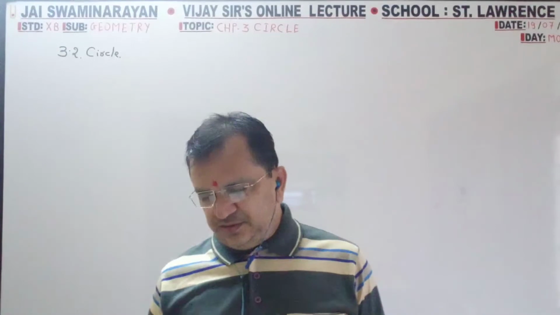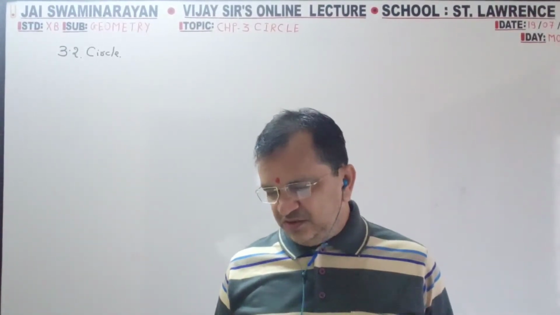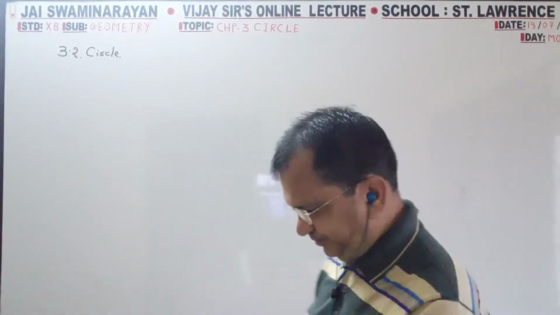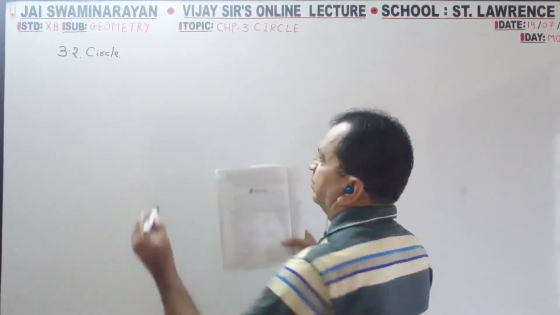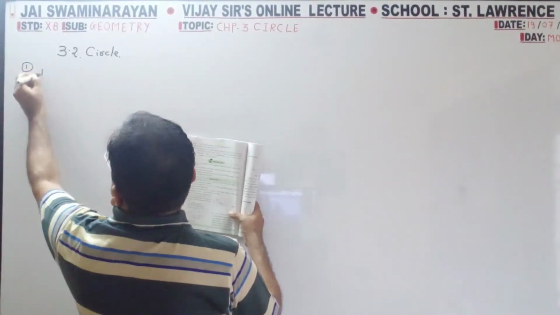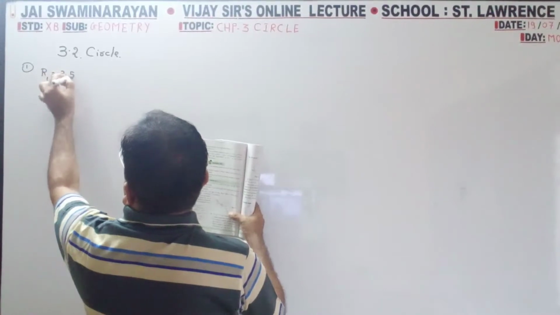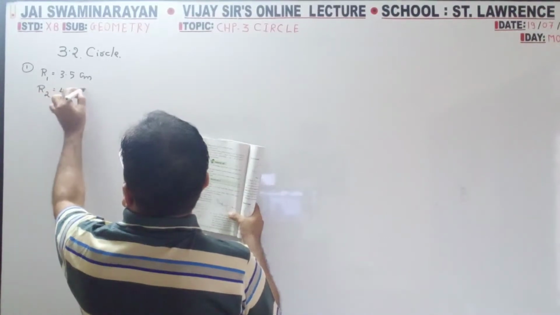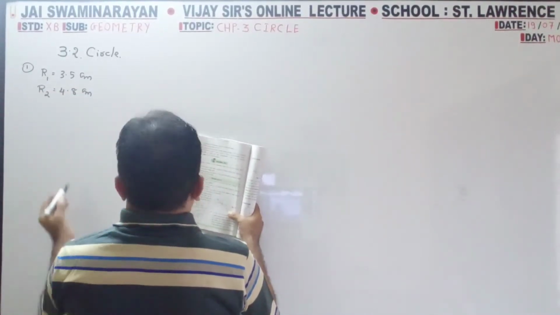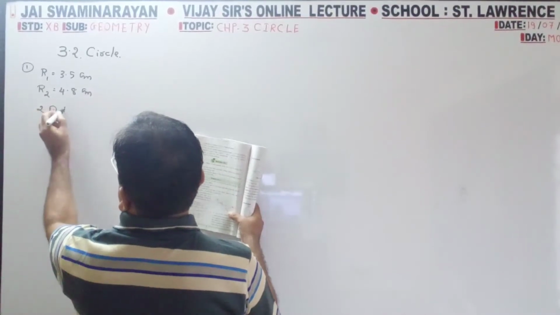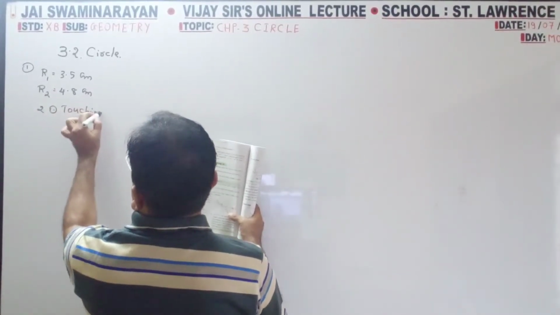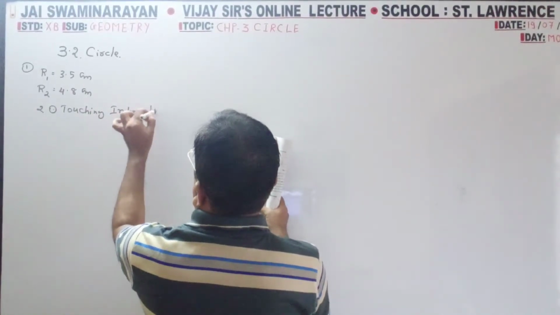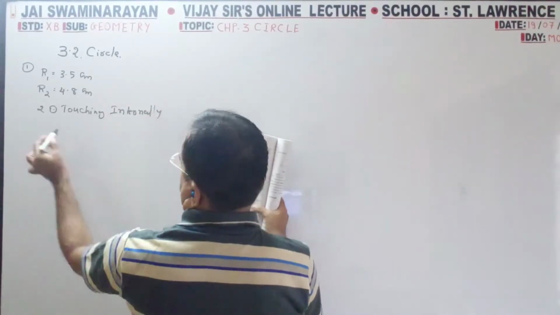Two circles having radii 3.5 and 4.8 touching internally. So first question: radius 1 is 3.5 centimeter, radius 2 is 4.8 centimeter, two circles touching internally. In exam also you will write the same.